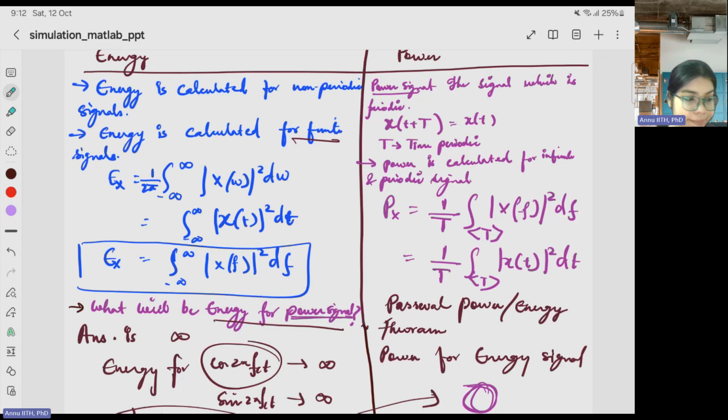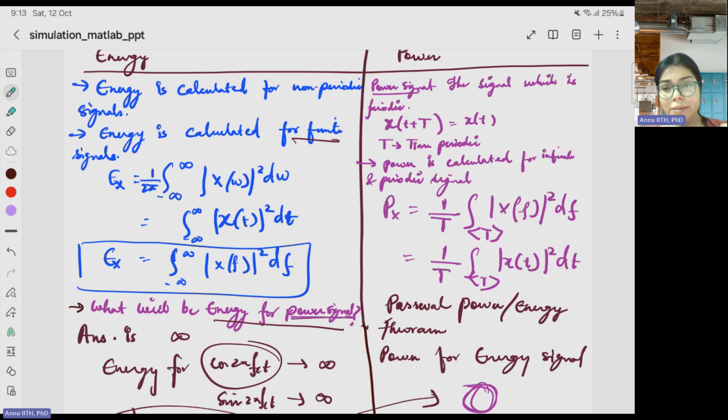I have the mail, I'll check. Ashutosh asked that while calculating power, why are we taking the average, and while calculating energy, why are we calculating for the whole time samples.